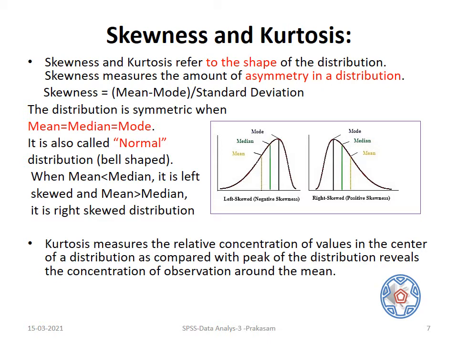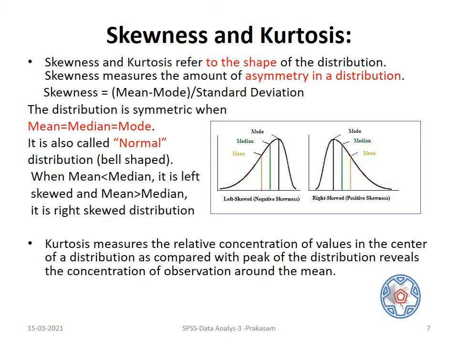Skewness measures the amount of asymmetry in the distribution, how far it is deviated from the central value, whether to the right side or left side. Skewness is equal to mean minus mode divided by the standard deviation. This is one of the calculation procedures.